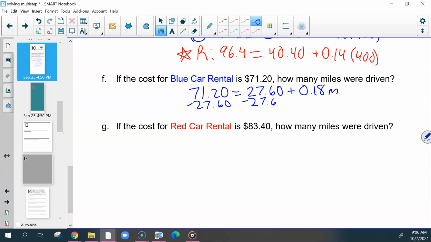I think we added. 43.6. And then divide both sides by 0.18. That gives 242.2.